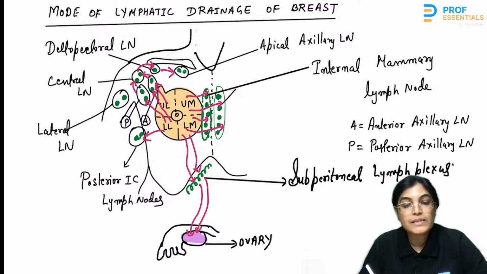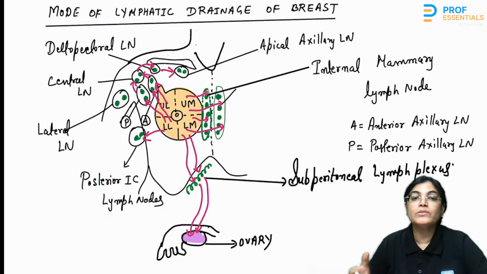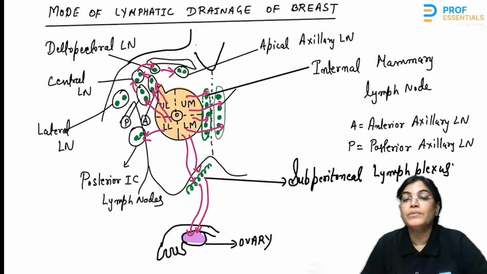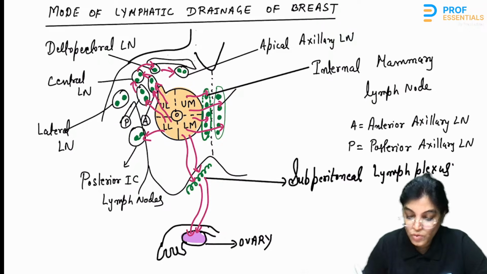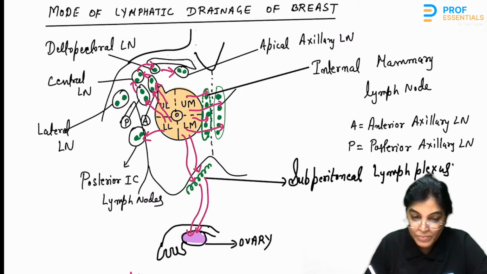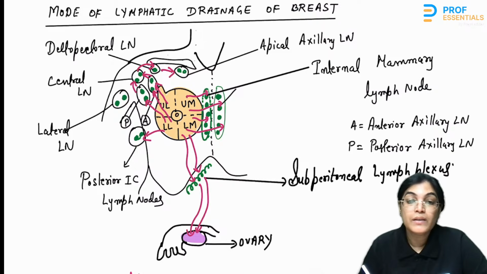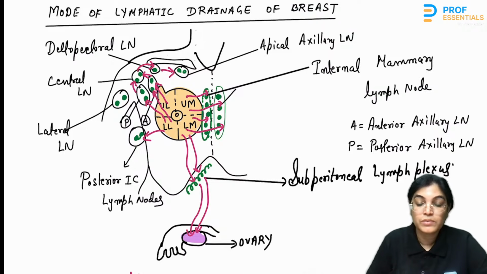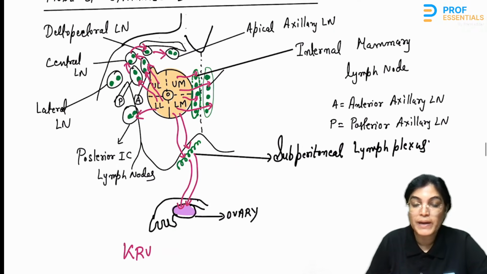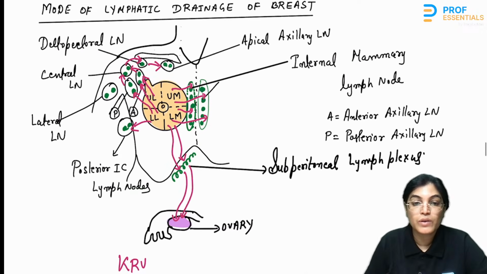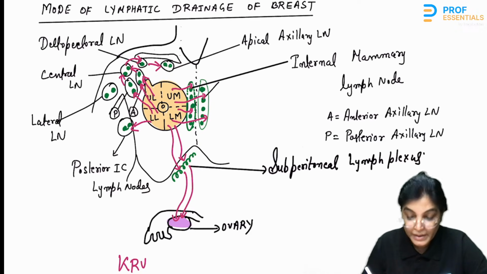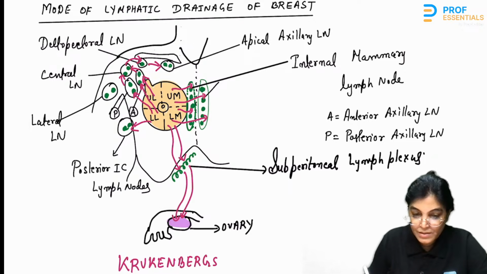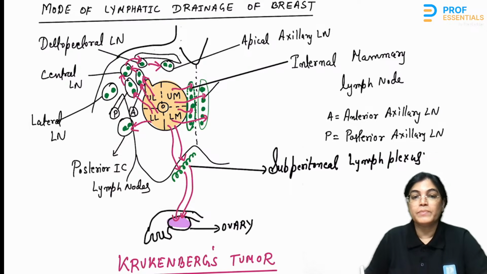This is how the dissemination and spread of breast carcinoma reaches the ovary, providing the pathway for the spread of Krukenberg tumors. Is it okay? So this is how the spread happens.